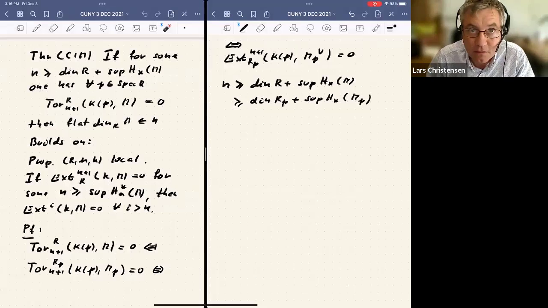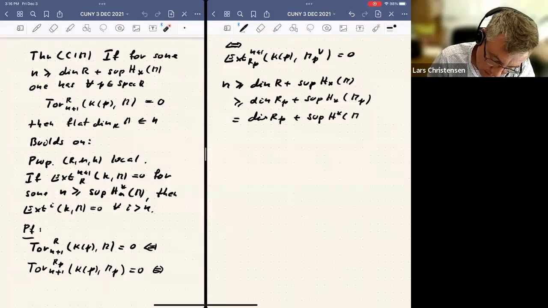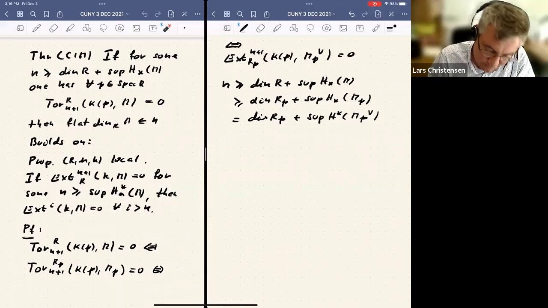Homology might disappear when I localize, but it's certainly not going to pop up. And this, of course, is the exact same thing as the supremum of the cohomology of M localized at p matrix dual.